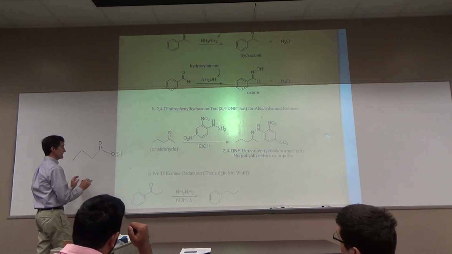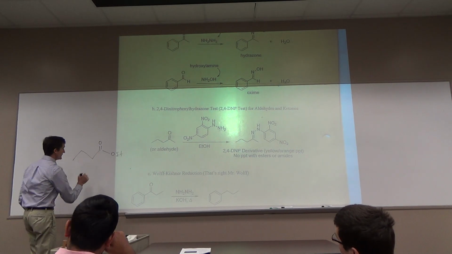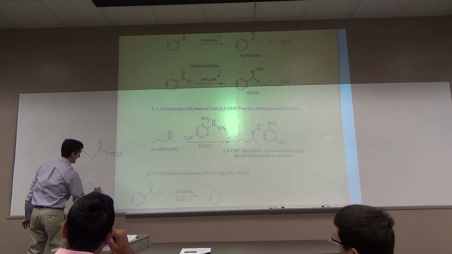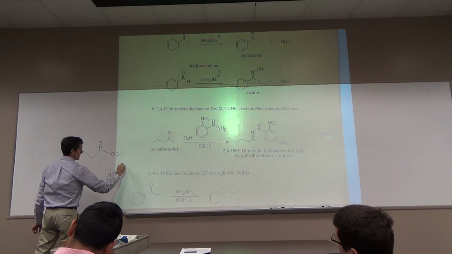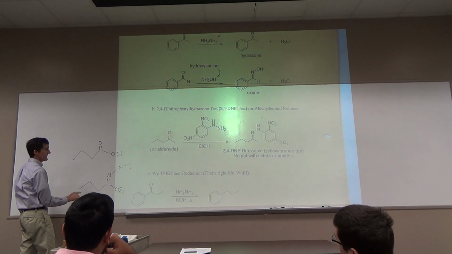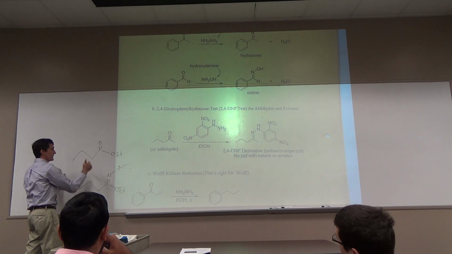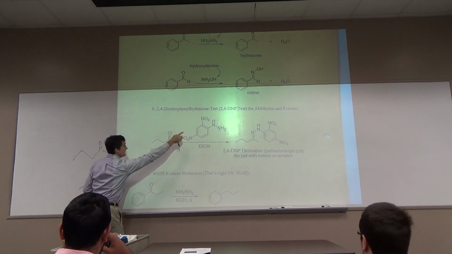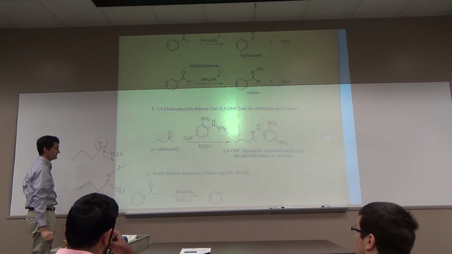They don't give imines. If you attack the carbonyl, you're not going to get an imine. You have a leaving group. You're not going to lose the oxygen as water. This amine will attack, electrons come back down, and kick that off.